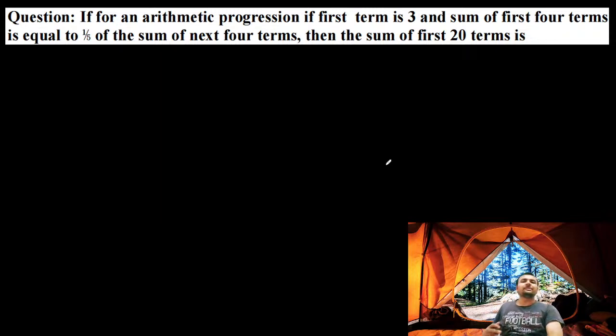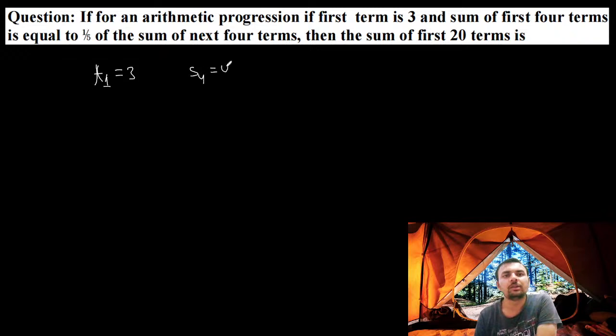For the arithmetic progression, the first term is 3. The sum of the first 4 terms, 2a plus 3d, is equal to 1/5 of the sum of the next 4 terms. That means it is 4 by 2 only.